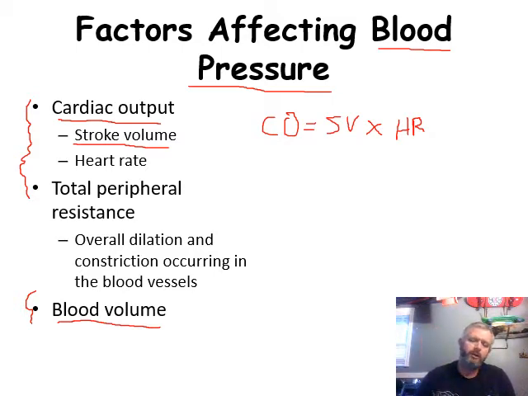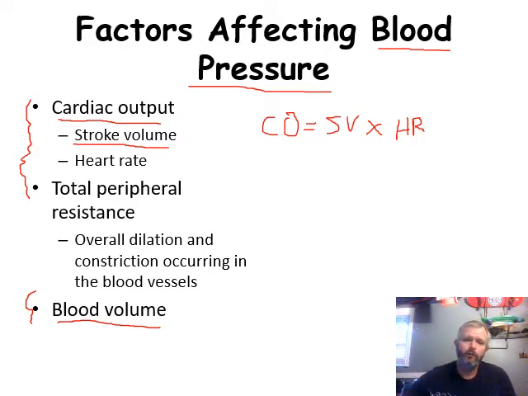So basically what cardiac output tells you is what volume of blood, how many liters of blood, is pushed out in each minute of the heart beating. And you can imagine if we're pushing more blood out into the arteries, that's going to exert more stretch on the wall. So if you increase cardiac output, you would also increase blood pressure.